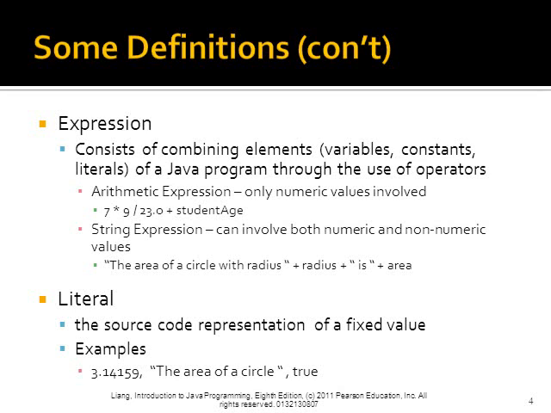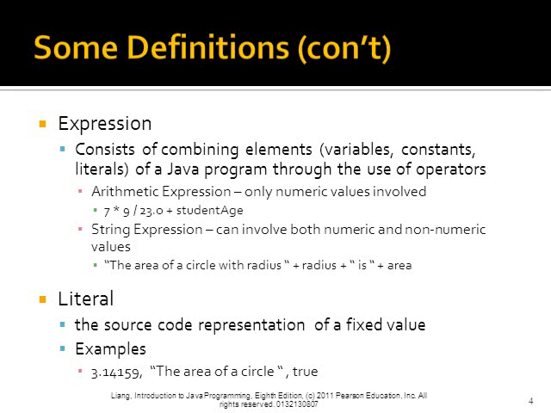We can have a text or a string expression, and that can involve both numeric data and non-numeric data. We've seen string type expressions in our last program where we had to write a message to the output screen expressing what the area of our circle was.